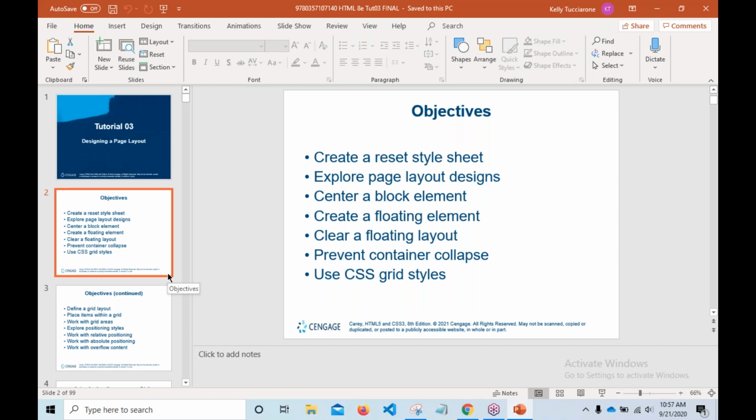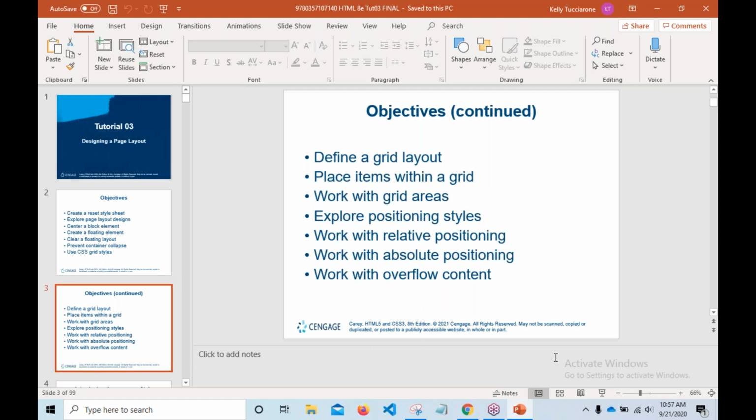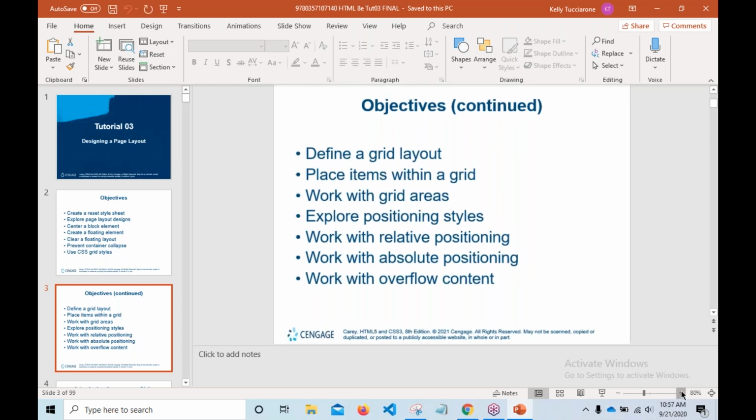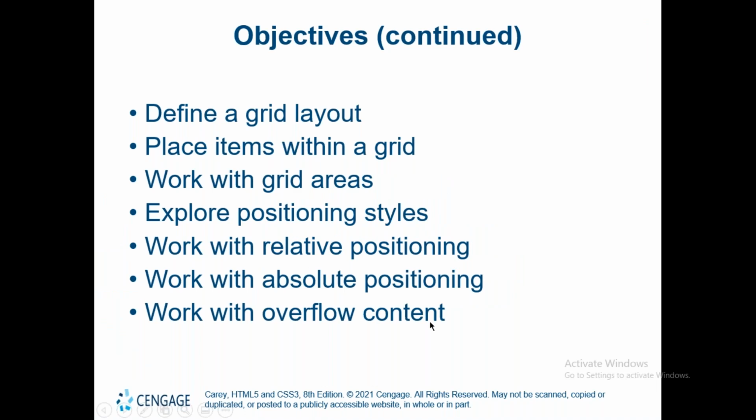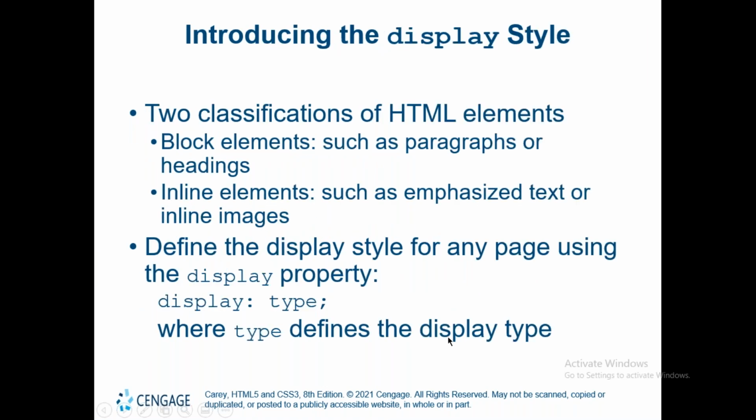We learn how to create a floating element. We learn how to clear a floating layout. We learn how to prevent container collapse. Use CSS grid styles. Define a grid layout. Maybe I'll just go into slideshow mode. Place items within a grid, work with grid areas, etc.